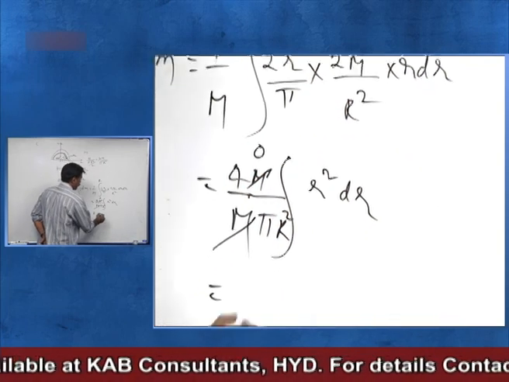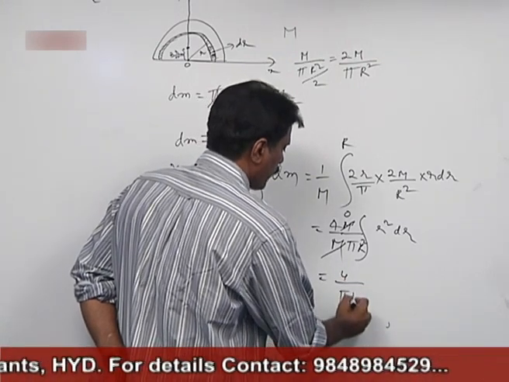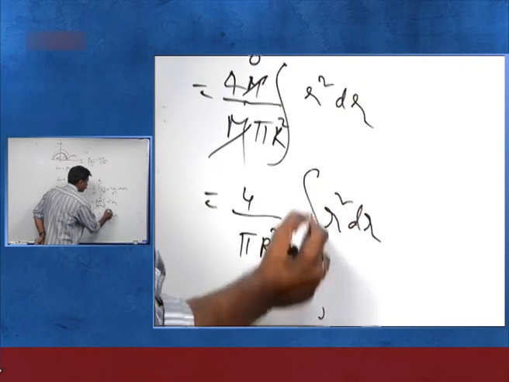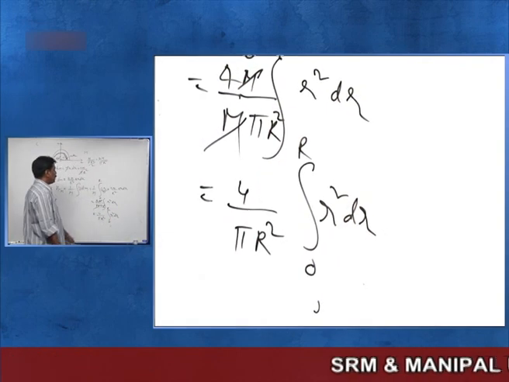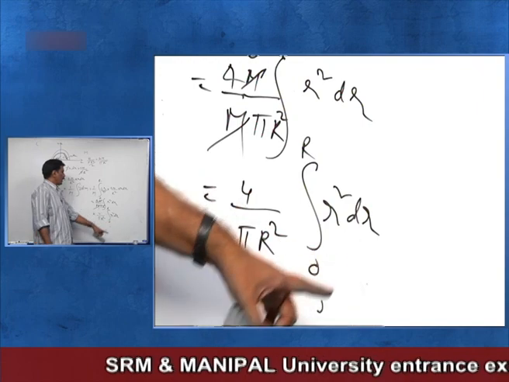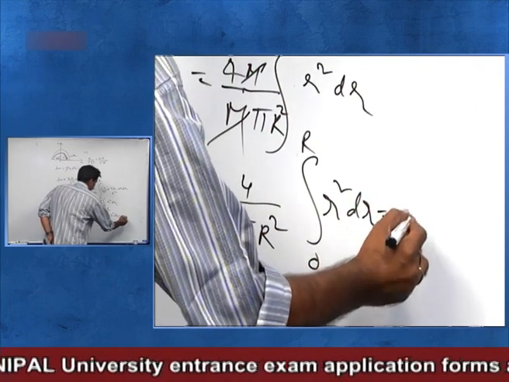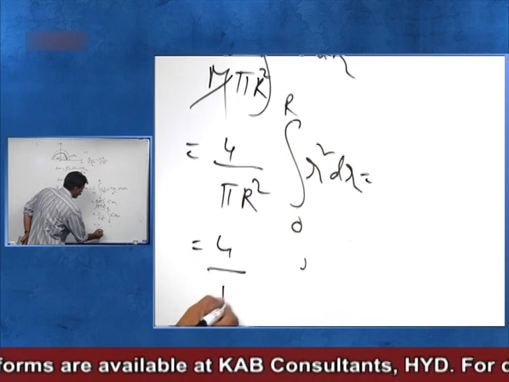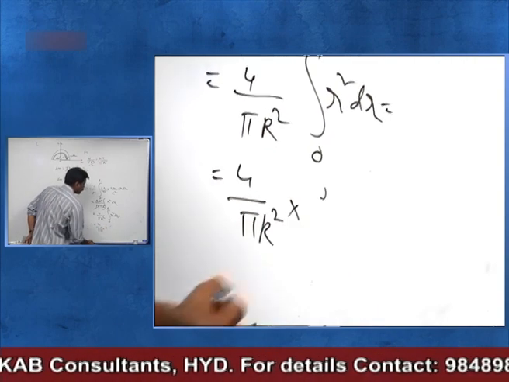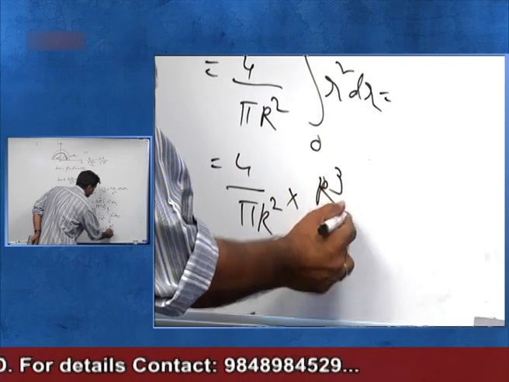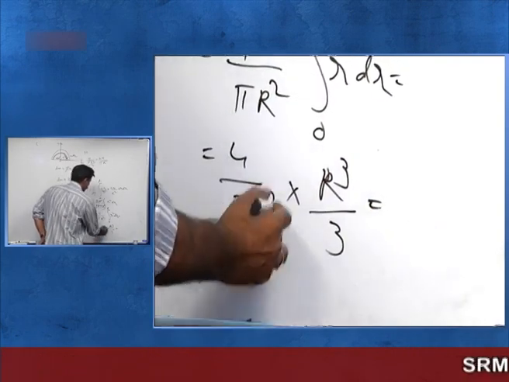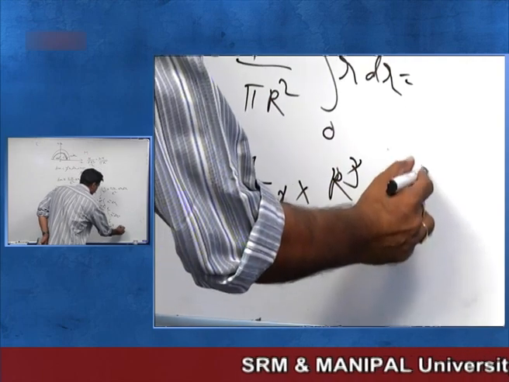Then what we are left with is 4 by pi r square into integral r square dr from 0 to r. This will be equal to 4 by pi r square into r cube by 3. So, this will be equal to 4r by 3 pi.